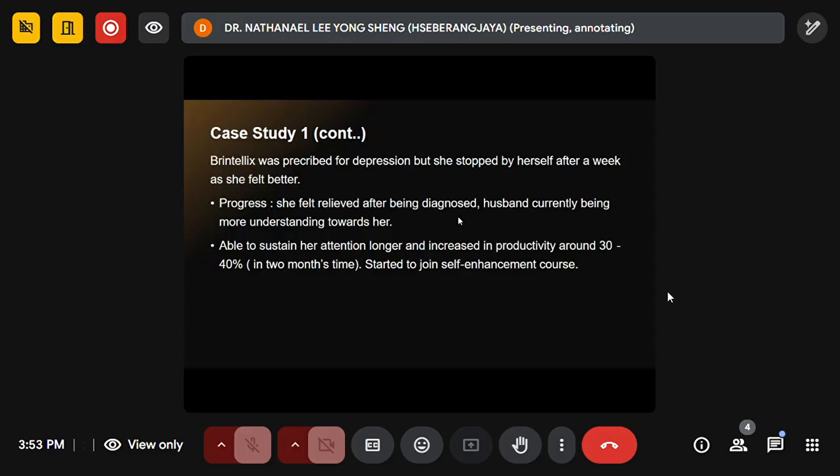So her project is to tidy up and clean up the whole house. So she does it phase by phase.